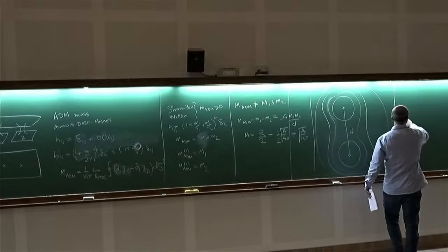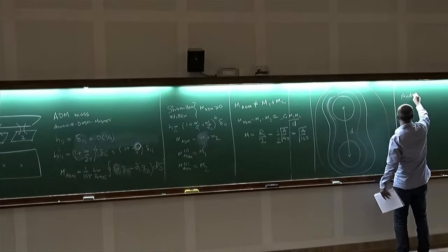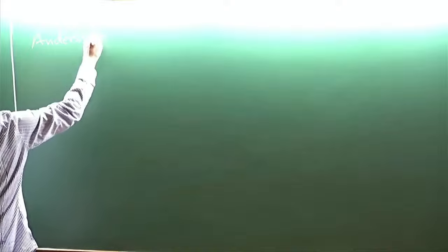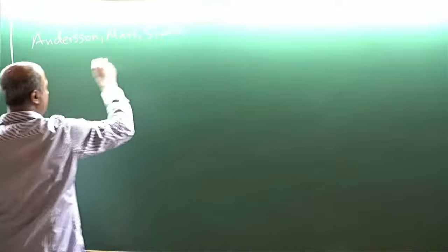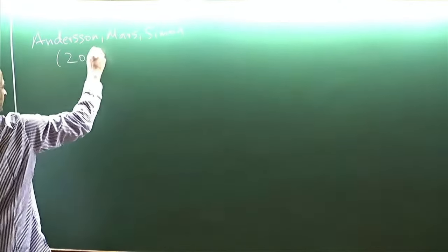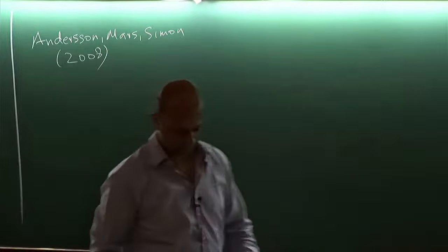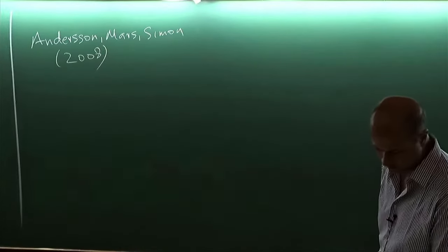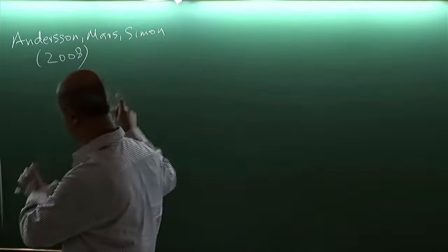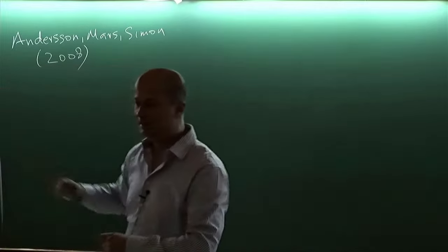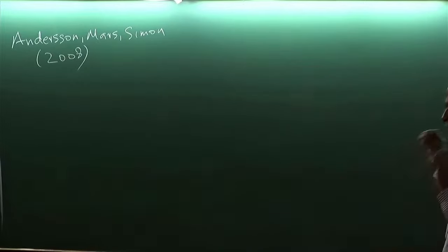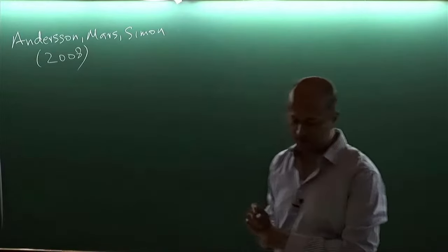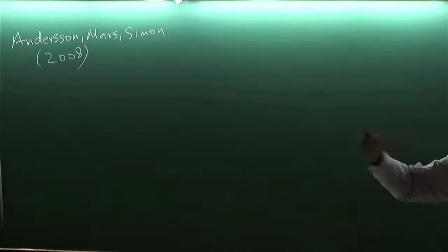This is a result due to Anderson, Mars, and Simon, from 2008, I think, but I might be wrong about that. Something around that time. This is an extremely important result mathematically, and it's a mathematical proof of the existence of these smooth evolutions, or it tells you under what conditions these will evolve smoothly. So the basic concept is the notion of the stability of these MOTS.